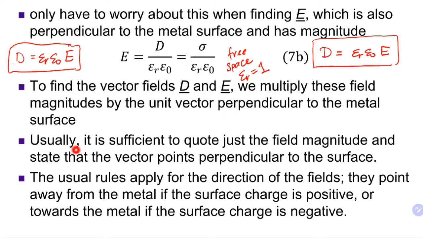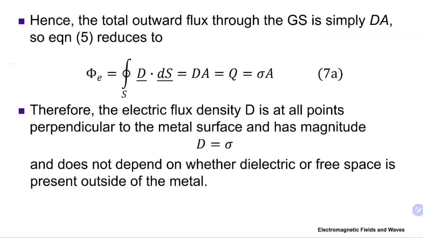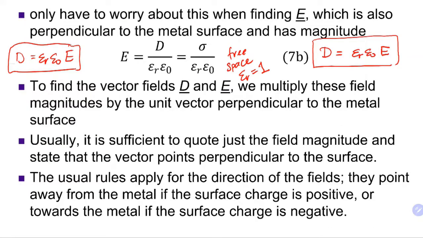Usually it is sufficient to quote just the field magnitudes and state that the vector is pointing perpendicular to the surface. In our example, we have a flat surface, so the direction of the vector field is just perpendicular to this surface, and we work out that the electric flux density will be equal to sigma, and the electric field will be sigma over epsilon R epsilon naught.